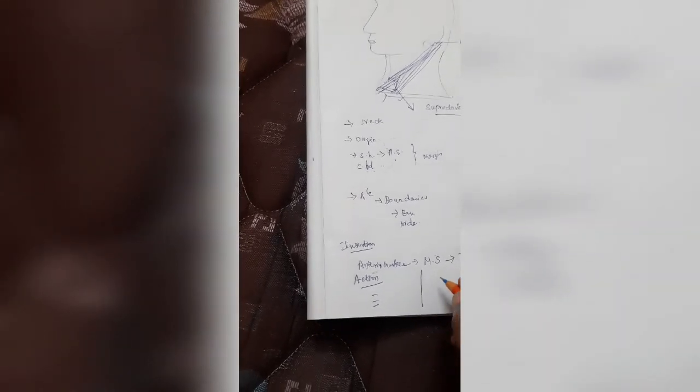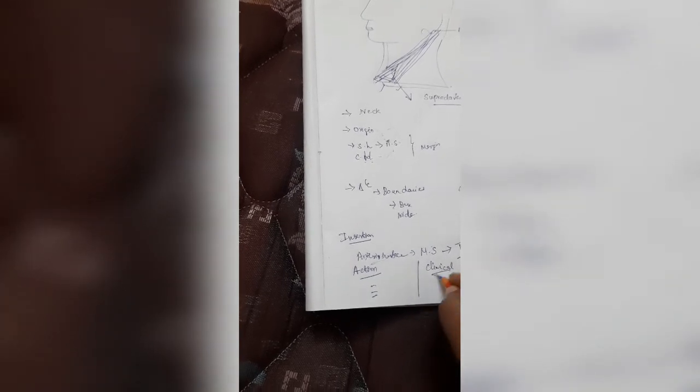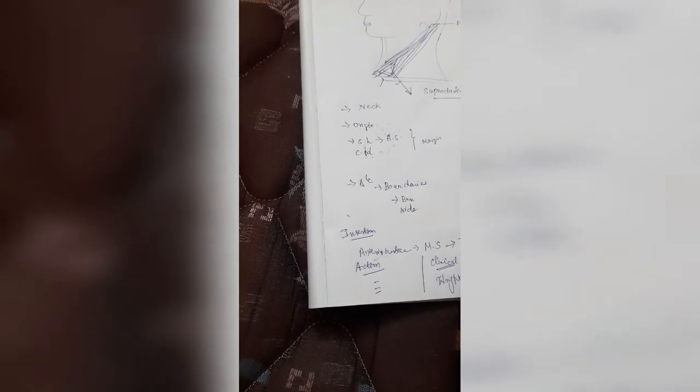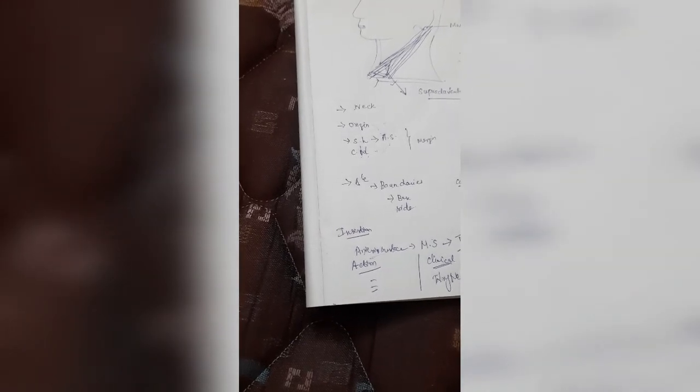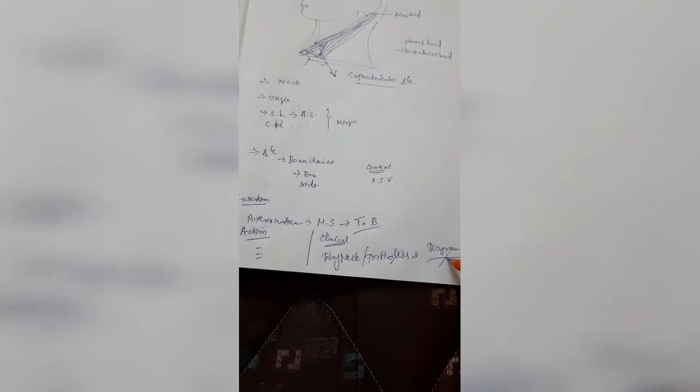Then you have to write the clinical features. The well-known clinical feature is wry neck, or torticollis. Then you have to draw one more diagram here. Whether or not they ask in the exam, you have to write the clinical features and draw the diagram. That is a must.